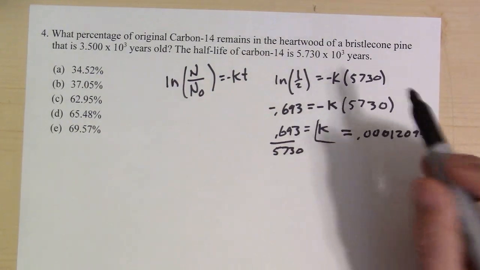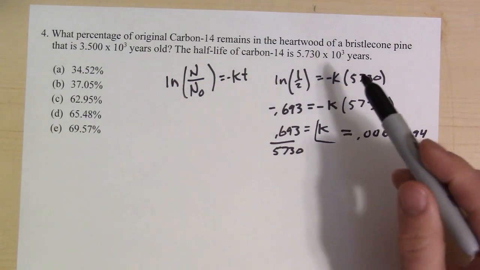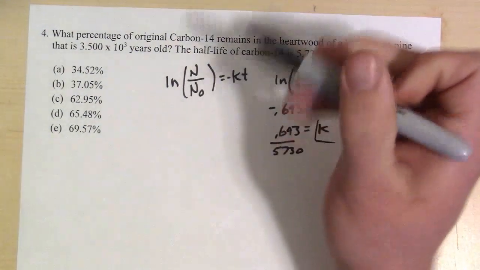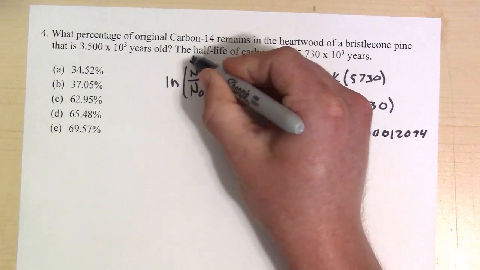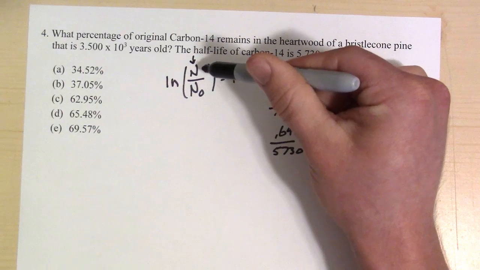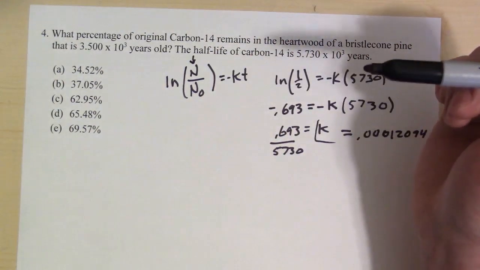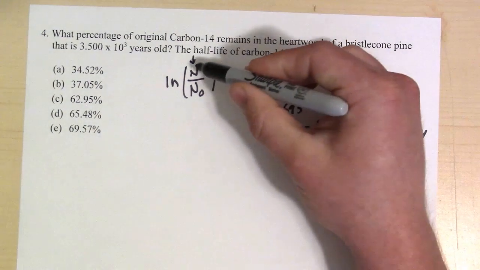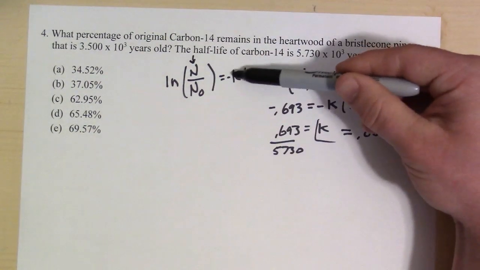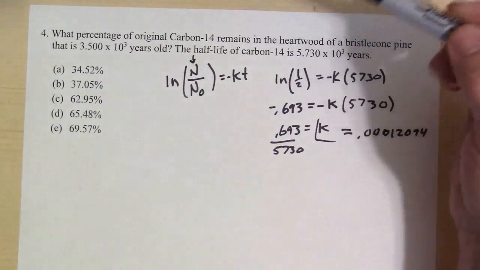So we're going to use that and plug that back into our equation when we want to solve for N here. N is the amount of carbon that remains, and N0 is the amount of carbon that we started with. So we'll want to solve for this N. We know k, we know t, we know N0.